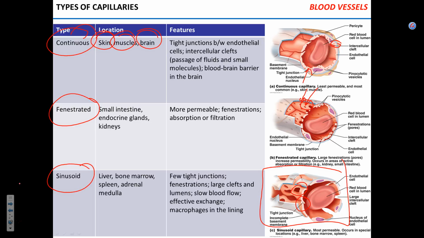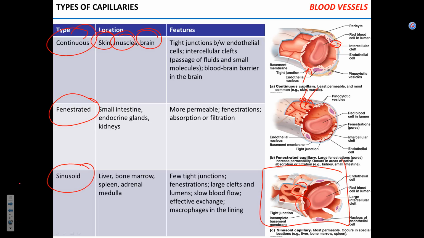So these are very permeable, and they will be found in the organs where not only exchange of fluids but also exchange of cells and other large aggregations occur, like liver, or spleen, or bone marrow. And it explains a lot of infectious stuff, actually, if you think about it. Good? Look at the liver.